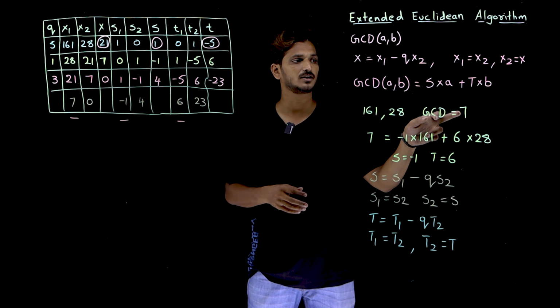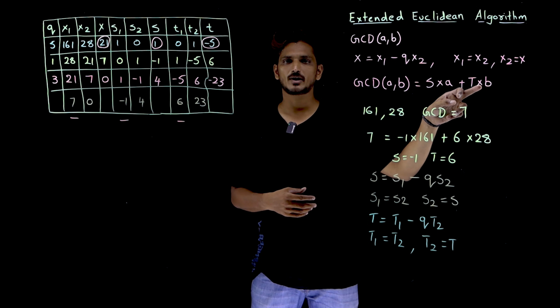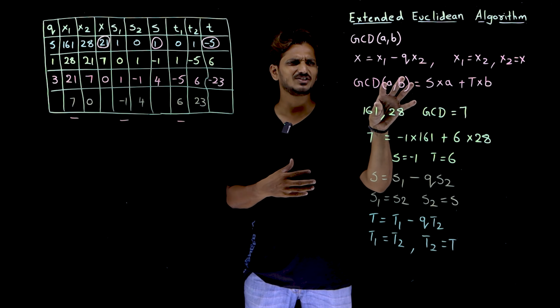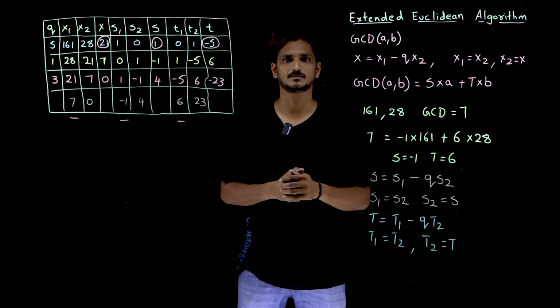You can write the 7 using A and B, because 7 divides A and 7 divides B. This is the basic division and multiplication from our plus one, plus two mathematics.